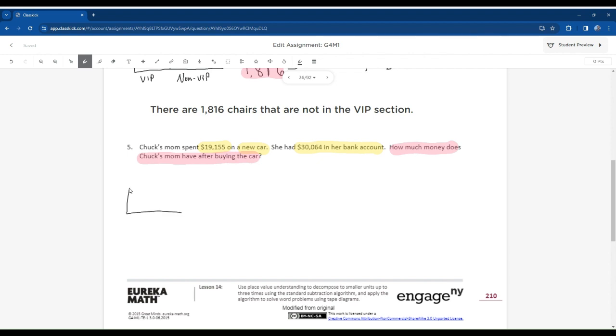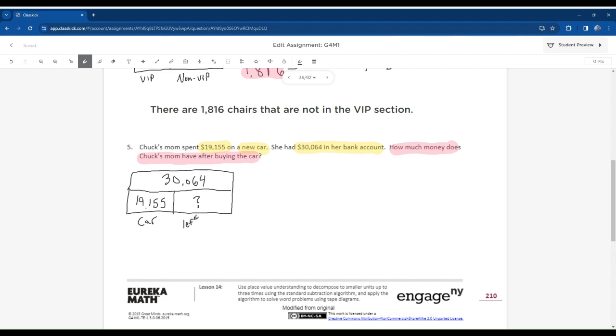So, again, just to use a tape diagram, she had $30,064. Then she bought the car, which is $19,155. This is for the car. The amount of money that we need to solve for is how much she still has left in her account.